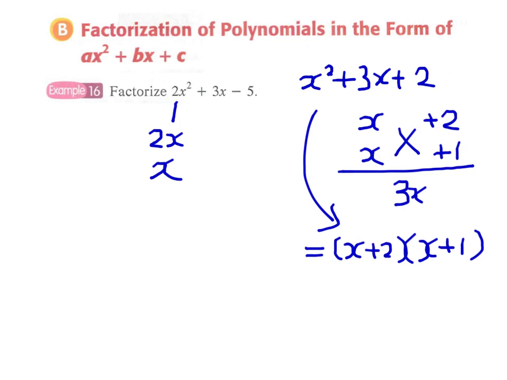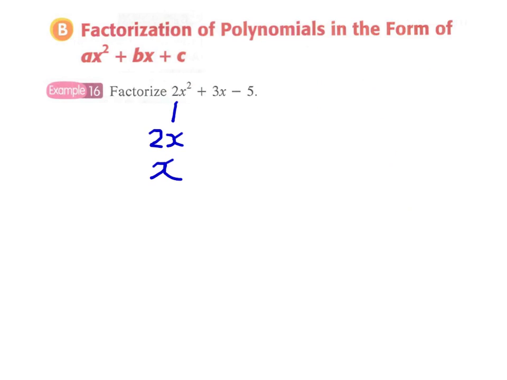It is quite obvious that we will have more pairs of factors, since we have another two factors making up the 2x squared term. Okay, let's see the last term. We have minus 5 here. Therefore, it can be either minus 1 times plus 5 or plus 1 times minus 5.